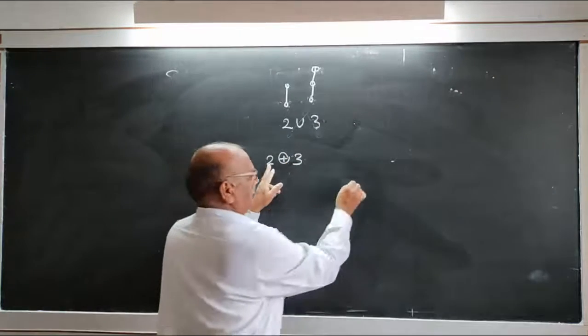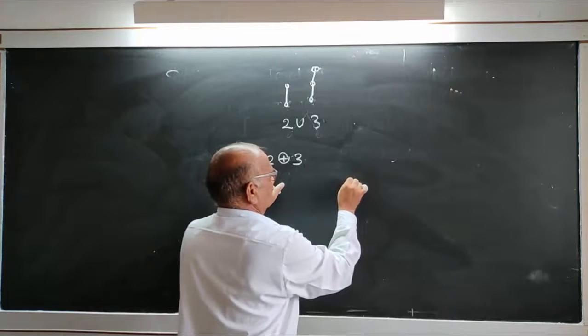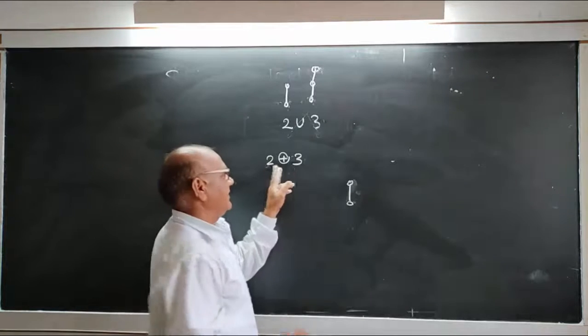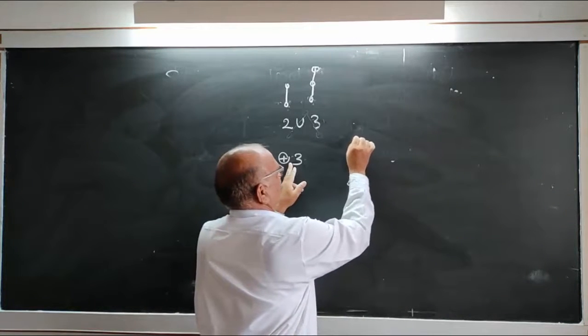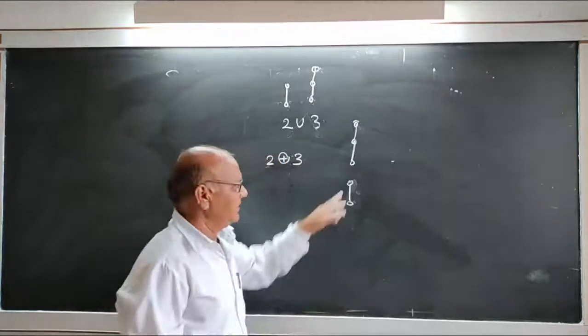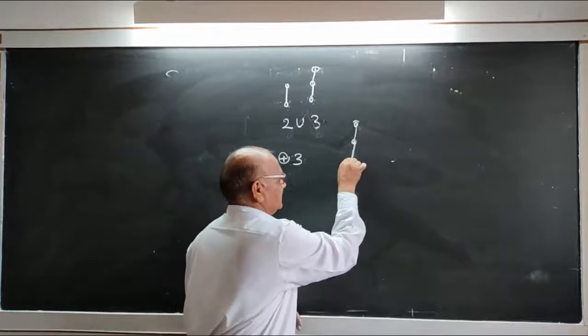First draw the diagram, this is 2, then draw 3 below. The maximal element of 2 is this, the minimal of 3 is this, and join them.